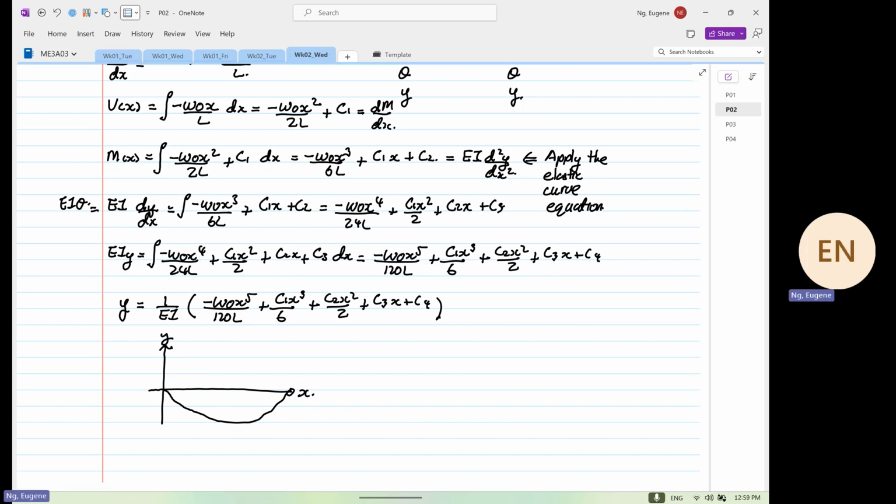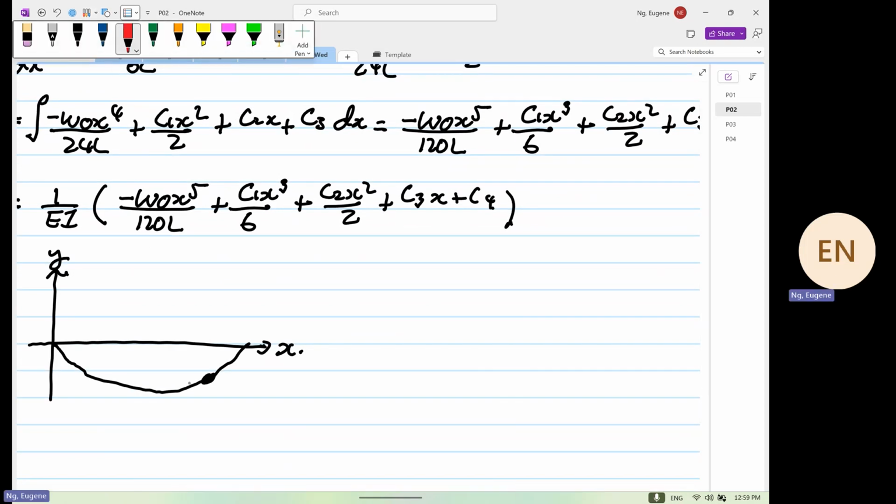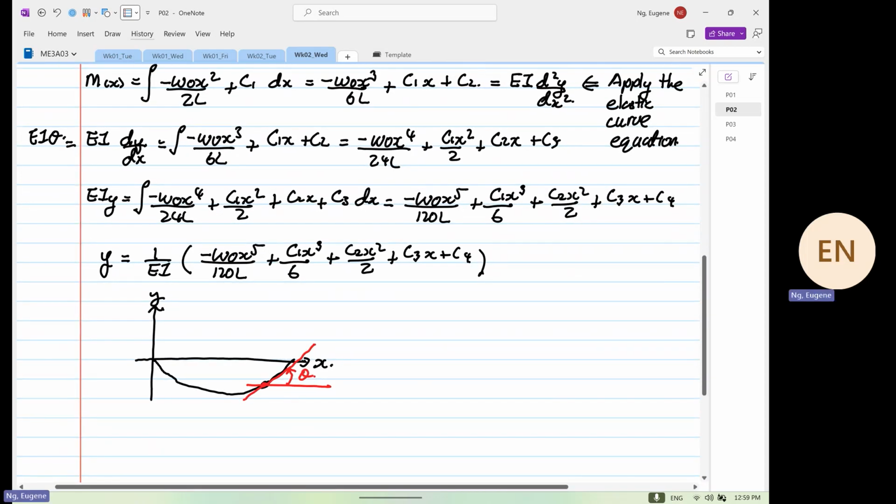So theta, let me draw this better. If we look at this point, that's an arbitrary point that we are looking at. And then I draw a horizontal line and I will sketch a tangent to this point over here. This is what theta is. So now, you know what is theta now.